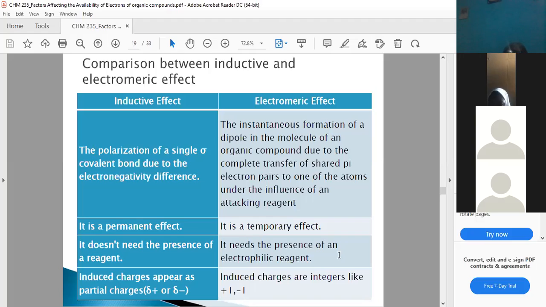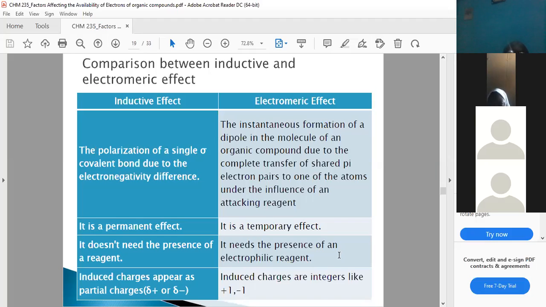Then, if you compare electromeric effect and inductive effect, you can see the similarities and their differences. Whereas in inductive effect there's a bond polarization, in electromeric effect there's no bond polarization, but movement of electrons from the pi bond to a particular atom.